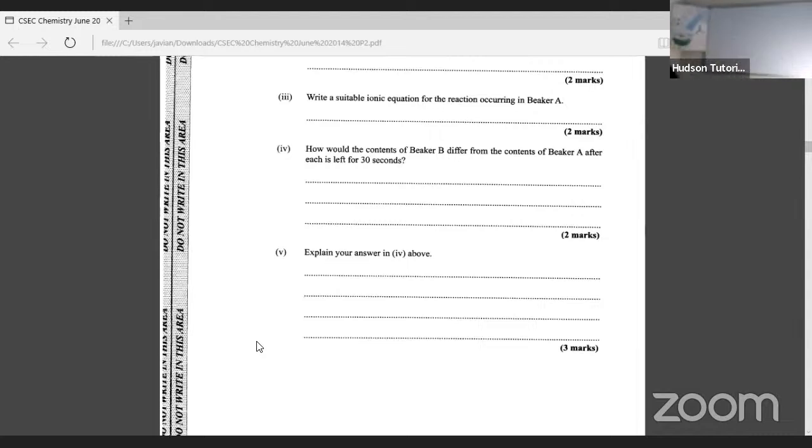Now, if we have a greater surface area on the magnesium ribbon, it means that more molecules of magnesium are now exposed to the reaction. Therefore, the greater the surface area, the greater the rate of reaction, the greater the displacement will be, and the faster the overall reaction, as opposed to the long strip in beaker B. I hope everybody is getting that.